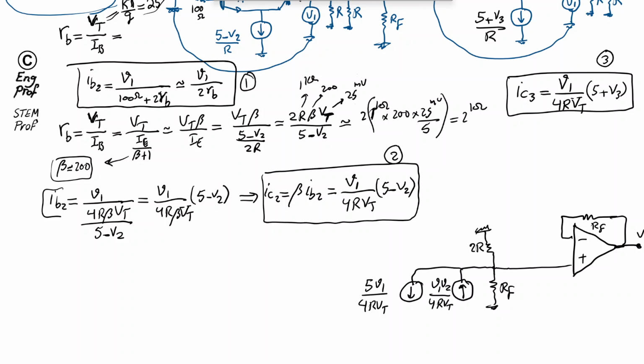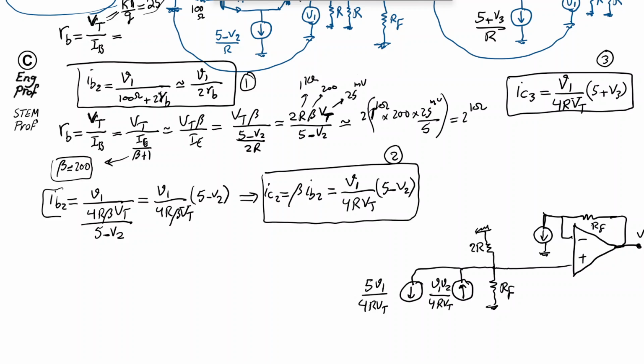And for the other one, we have a similar setup. We have effectively two currents, so both of them going down. So we have 5 times V1 divided by 4R Vt, and we have V3 times V1 divided by 4R Vt.